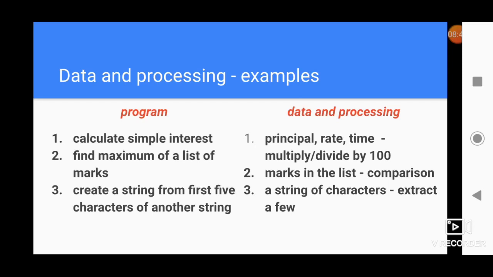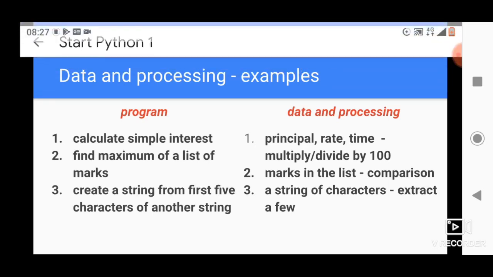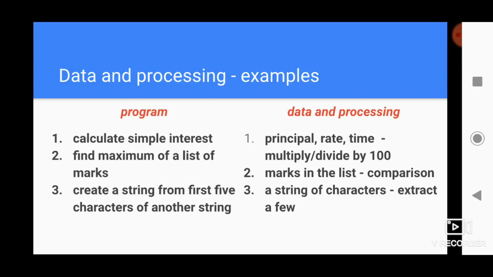This program will handle numerical data, which is a principal amount and the rate of interest and the time period for which the interest is to be calculated. Okay, and what processing will be done with this data? That is to say, we will multiply the principal amount, the rate of interest and the time, and divide that result by 100 to obtain the simple interest.